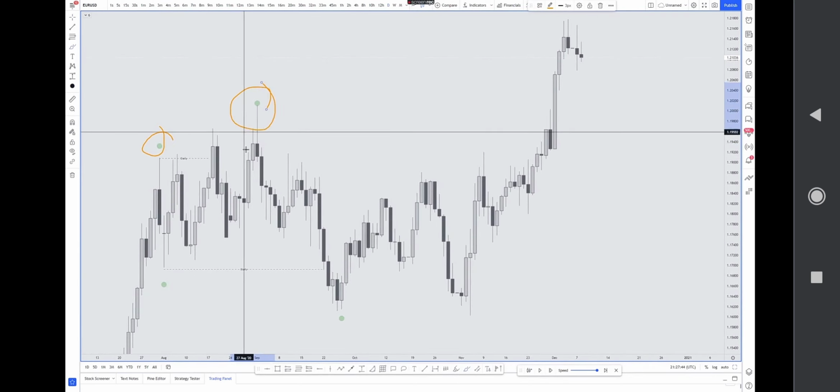So now what we're looking for is this pullback. So now if we said this is the high point of this pullback, so you have a low, high, low, you have another high here, and ultimately you create a new low.